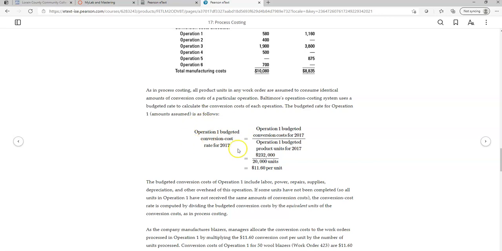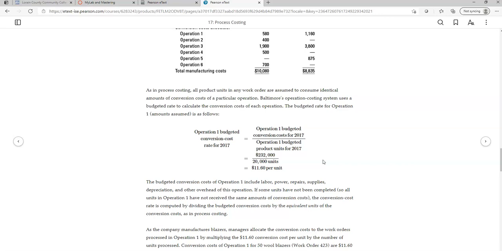And let's take a look at Operation 1 budgeted conversion cost rate for 2017. We're going to take our budgeted overhead conversion costs and divide that by the number of units we expect to go out for 2017. So our predicted overhead of $232,000 divided by the number of blazers we expect to go through Operation 1 in that year.